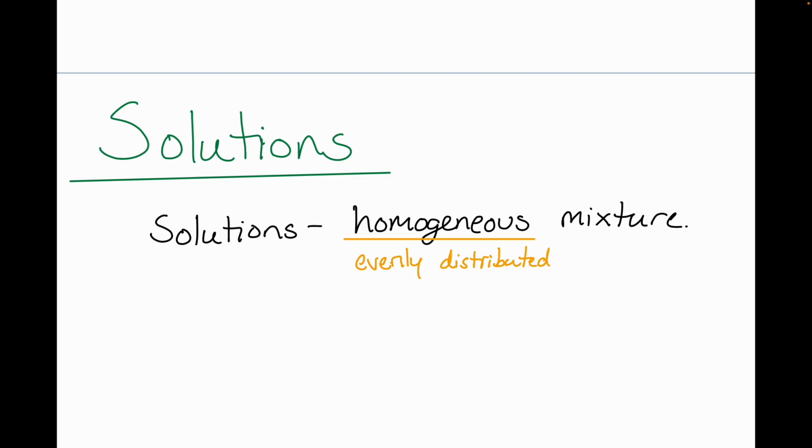So if you take a scoop on the top and you looked at it from an atom level, it would look the exact same as if you took a scoop from the bottom. Right? Everything is perfectly distributed. This is a fairly simple definition. Anything technically that's an evenly distributed mixture would be considered a solution.